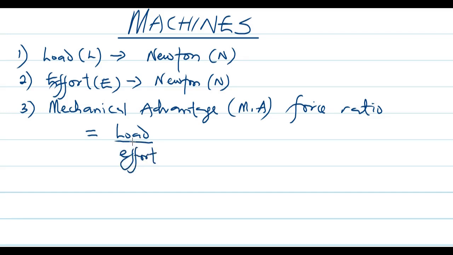So this is force load and force effort. Load is a force measured in Newton. Effort is a force measured in Newton. So we call mechanical advantage force ratio. And the implication of this is that mechanical advantage has no unit, because load over effort is Newton over Newton and they will cancel out. So MA has no unit.